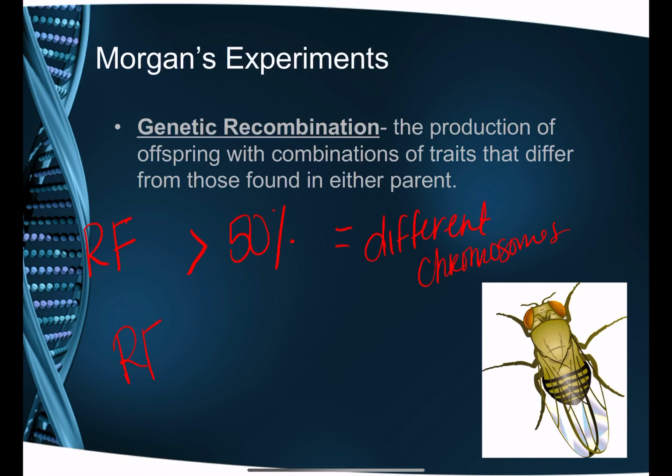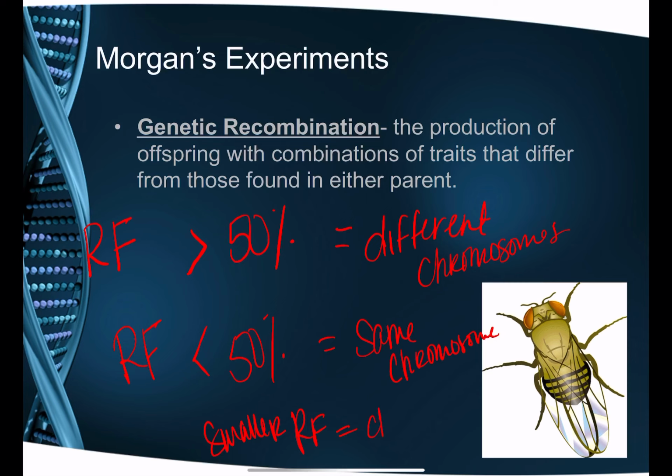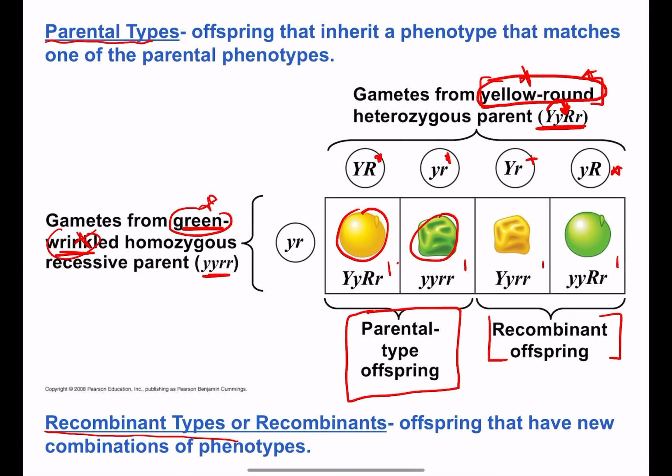If they have a recombination frequency of less than 50%, then they're more likely on the same chromosome. Okay? The smaller the recombination frequency, the closer they are together on the chromosome.